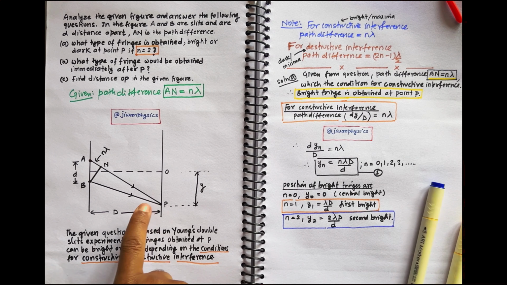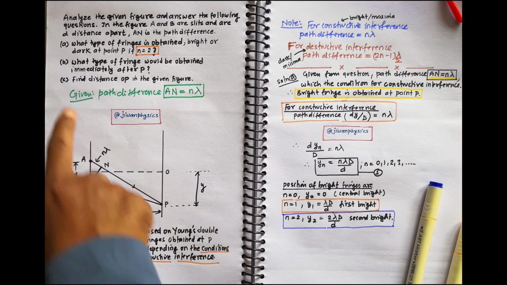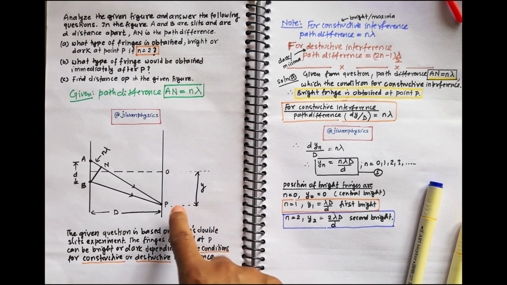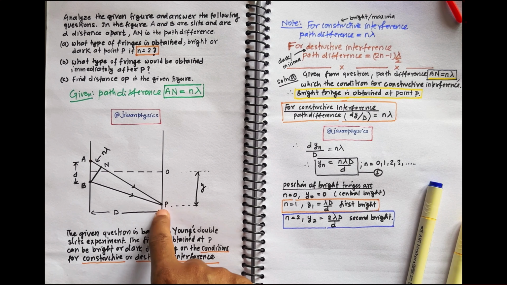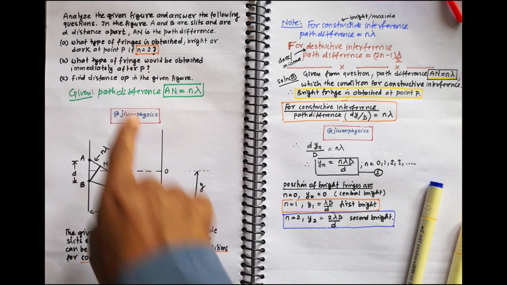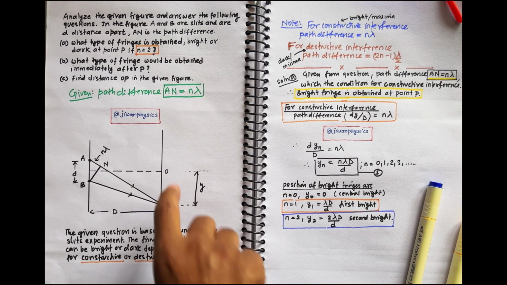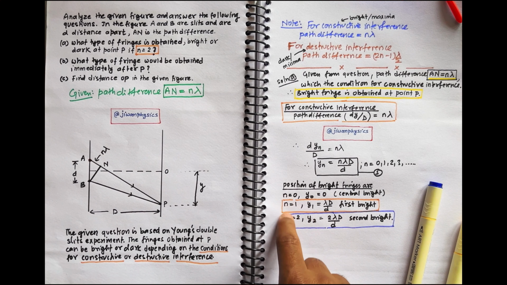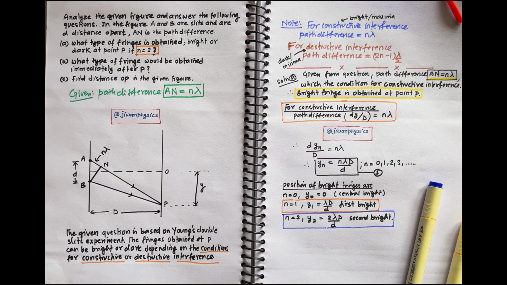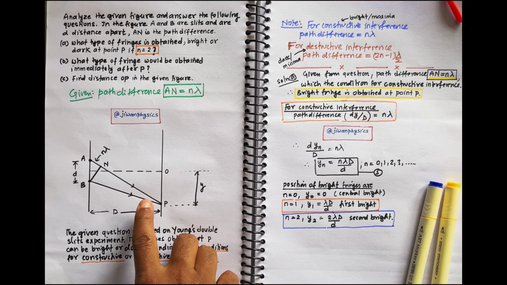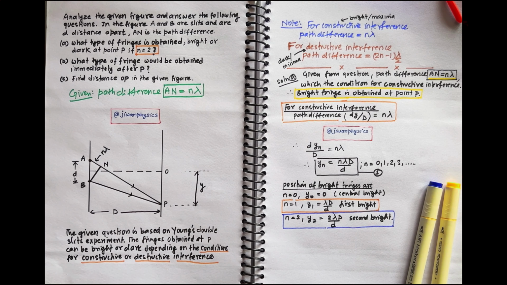Now let us come to this figure. Question A, what type of fringe? So we get bright fringe at P. So P corresponds to bright fringe for n equals 2. And let us show this in the figure. So we have bright fringe at P. Clear?